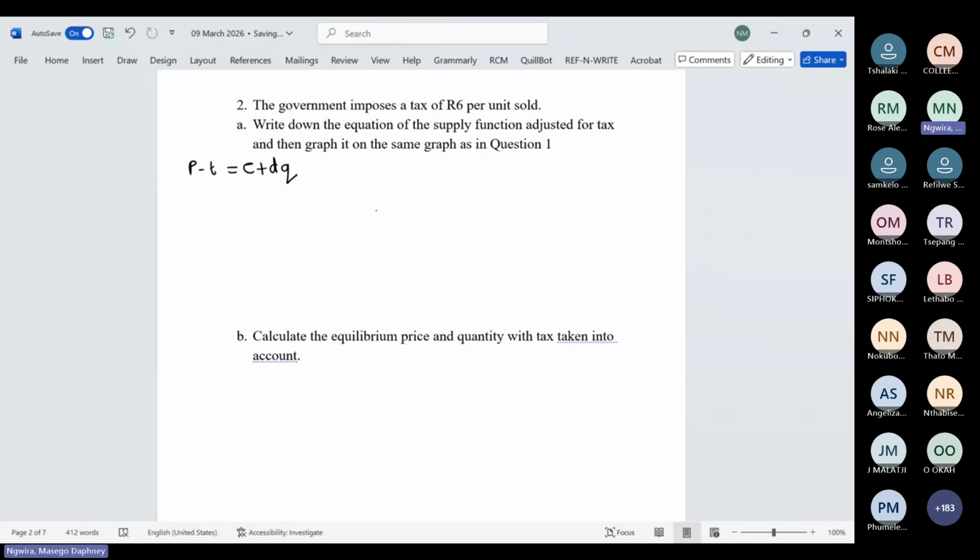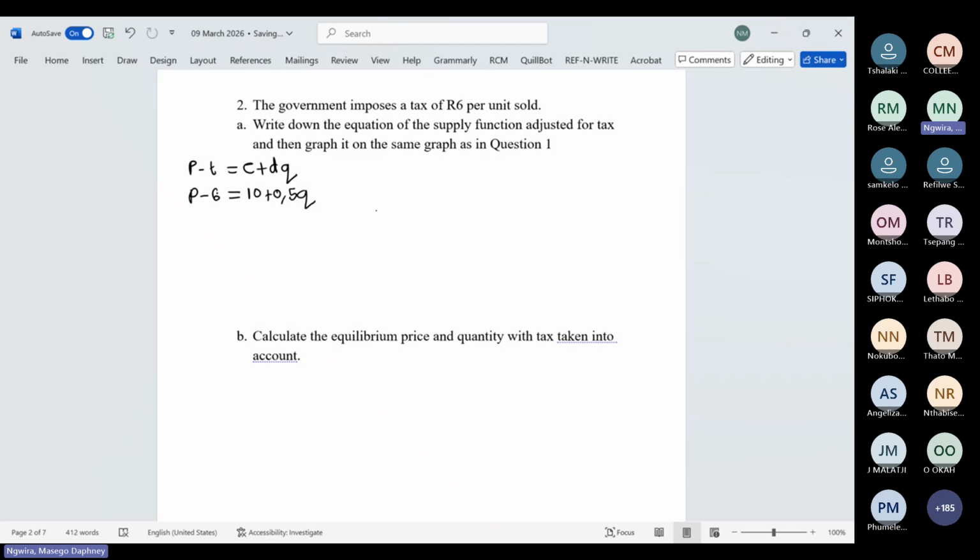And then we know that our tax that is imposed is 6 rand. So this will be P minus 6 is equal to our supply function. Our supply function from the statement is 10 plus 0.5Q. And now we want to solve for P.